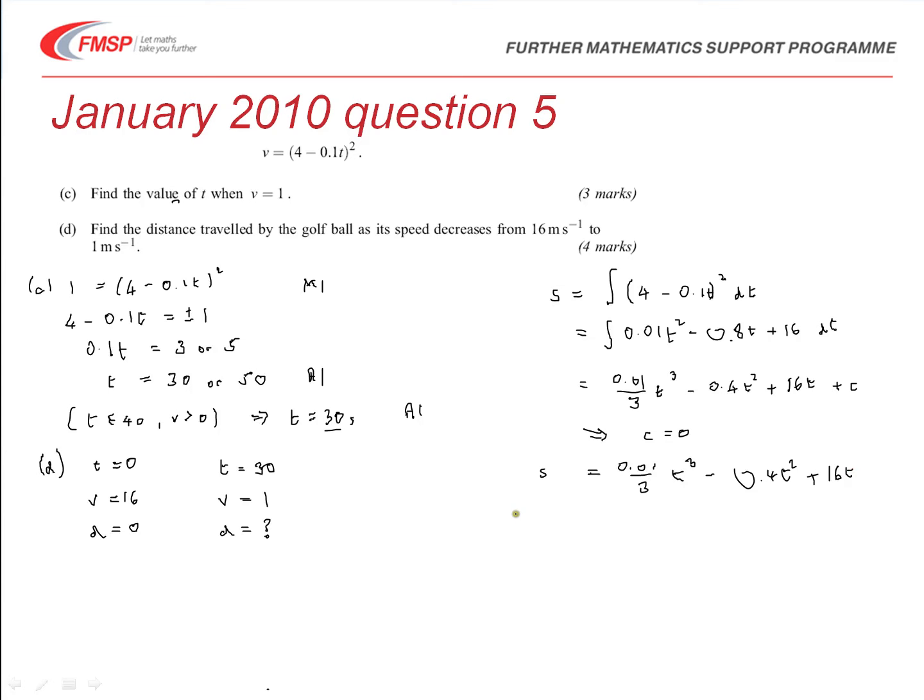And so, if we now substitute in t as 30, that will give me the distance as being 0.01 over 3 times 30 cubed minus 0.4 times 30 squared plus 16 times 30.